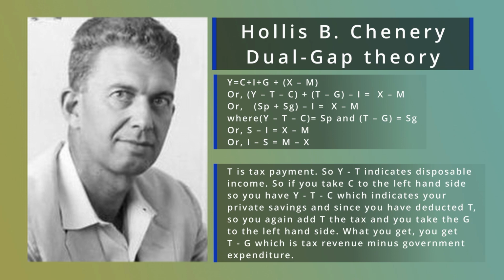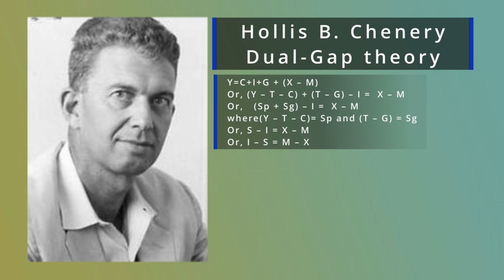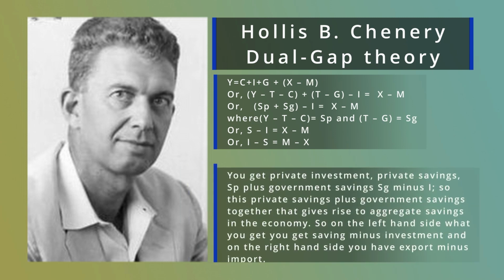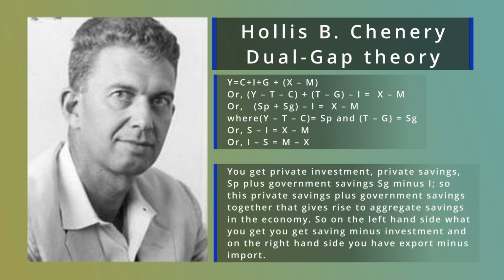What you get is T minus G, which is tax revenue minus government expenditure. That indicates the government saving, SG. And you take private investment to the left-hand side. So what you get is private savings SP plus government savings SG minus I.